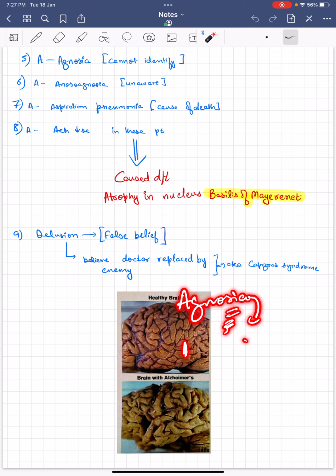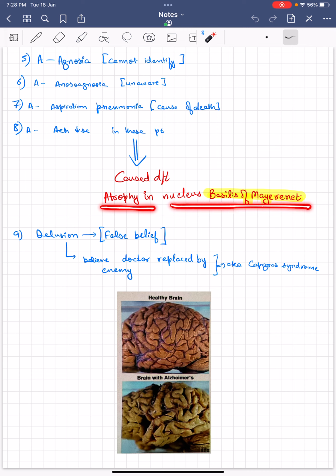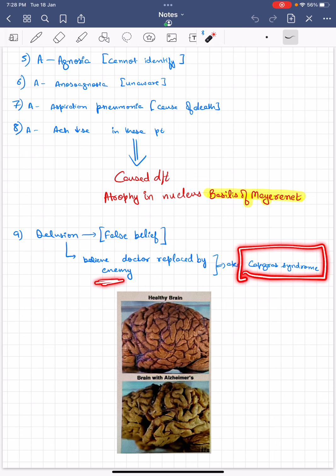There can be stereognosia, meaning the patient is unable to identify by using his hands whatever is handed to him. Also, the patient is unaware of his deficits. Aspiration pneumonia is the leading cause of death, and there is decreased acetylcholine because of atrophy of the nucleus basalis of Meynert. Delusion is present in these patients most of the time, a false belief that the doctor has been replaced by some enemy, known as Capgras syndrome.